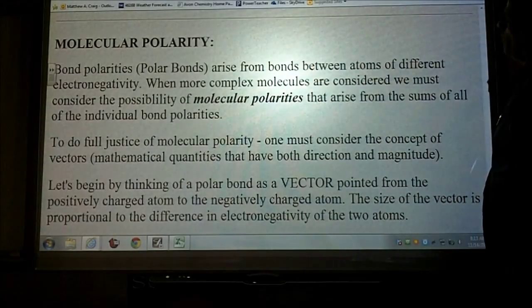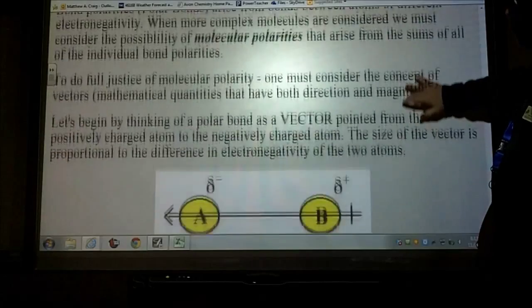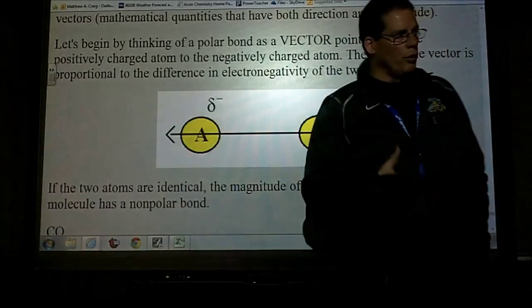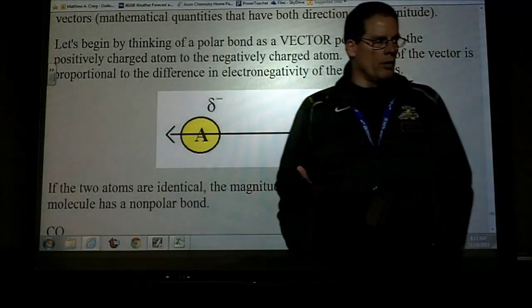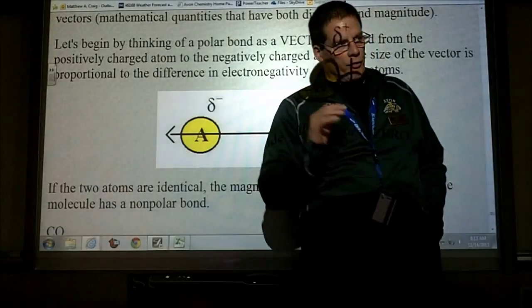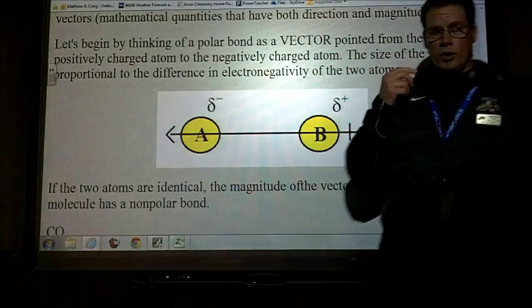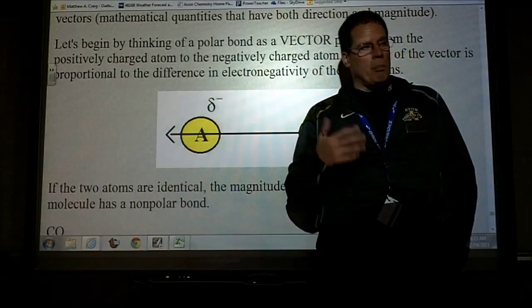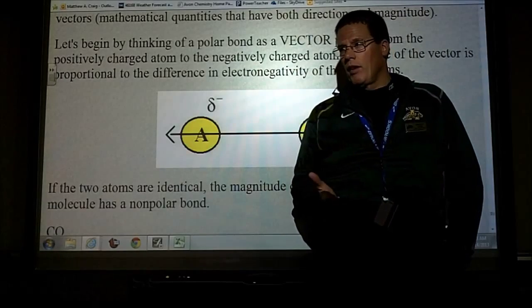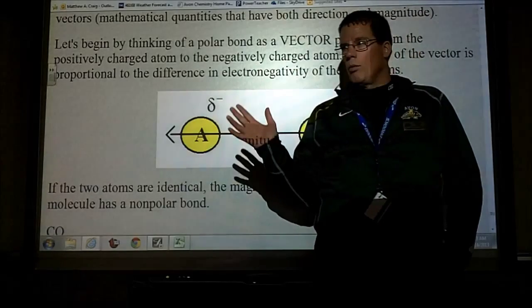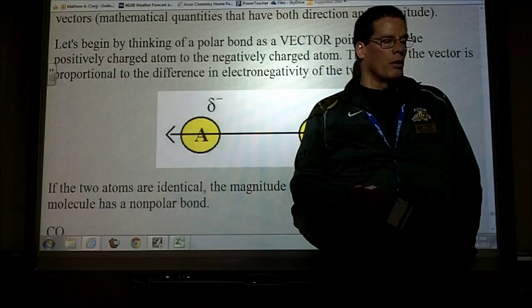So whether something's polar or non-polar has nothing to do with the types of bonds that the atom has. Unfortunately, we talked about covalent bonds, where there's a polar covalent bond and a non-polar covalent bond. That has nothing to do with whether a compound's polar or non-polar.